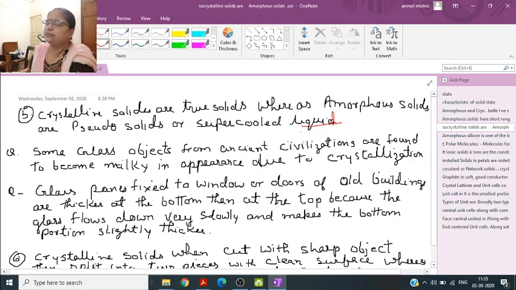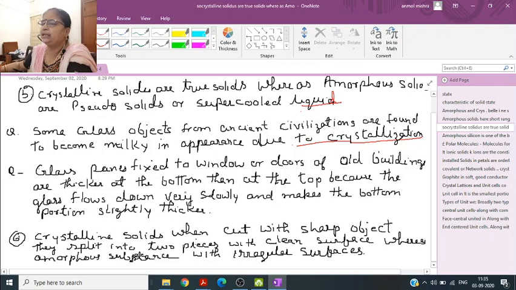Now there are some glass objects from ancient civilizations that were found to have turned milky due to crystallization. The glass panes fixed to windows or doors of old buildings are thicker at the bottom than at the top, because the glass flows down very slowly and makes the bottom portion slightly thicker.